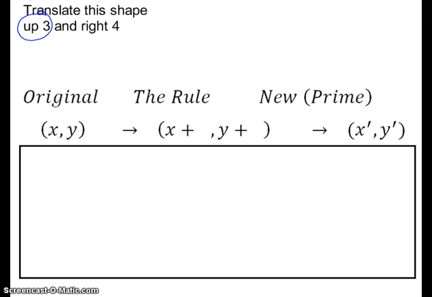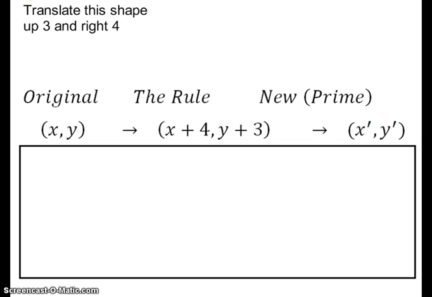And up 3 is up, which means it's going to impact the y-axis. That means my 3 has to go here. And then right is this, and that's clearly going to go here. And since up is positive, the 3 remains positive. And since right is positive, the 4 remains positive.